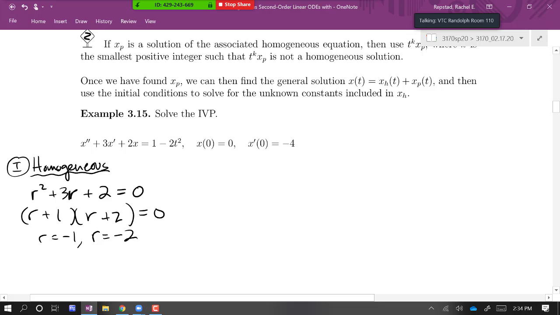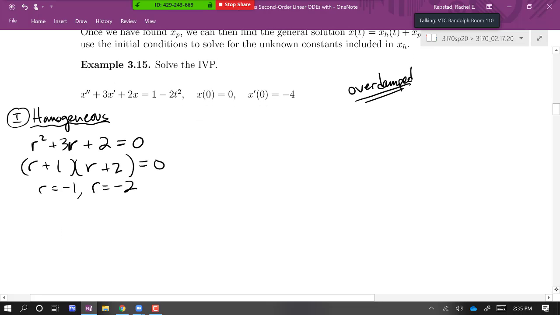Is this overdamped, critically damped, or underdamped? Overdamped. 2 distinct real solutions. Overdamped. Okay. Now, if those are our distinct real solutions here, what does the homogeneous solution look like?